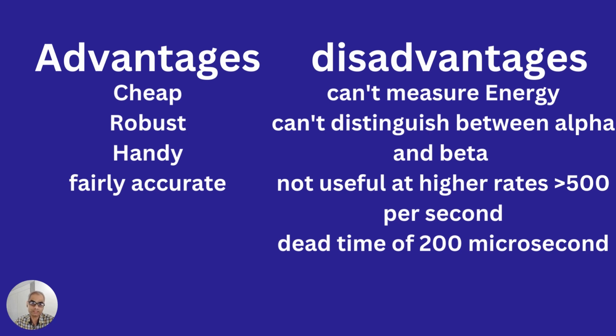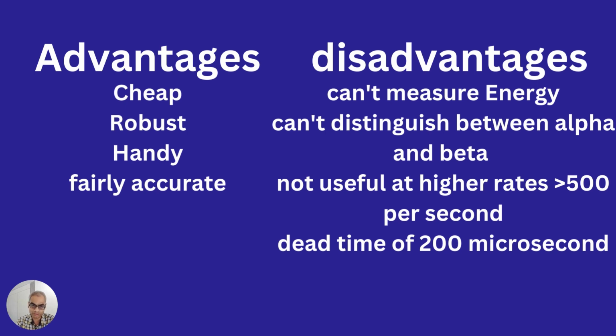The disadvantages are it cannot measure the energy of alpha or beta decay. So it cannot distinguish between alpha and beta decay, and it is not useful at higher rate, like it can work up to 500 counts per second, but if the radiation is coming more than this rate, then the counter will not be able to count properly, because it has a dead time of 200 microseconds.